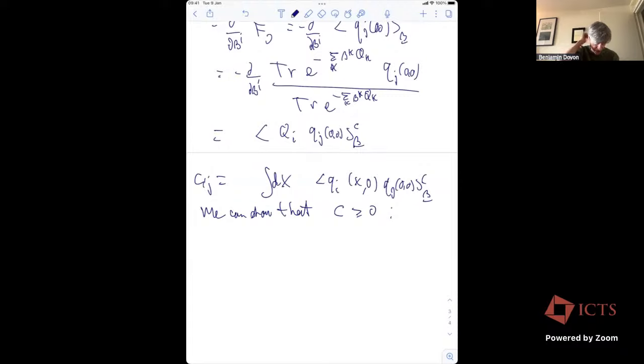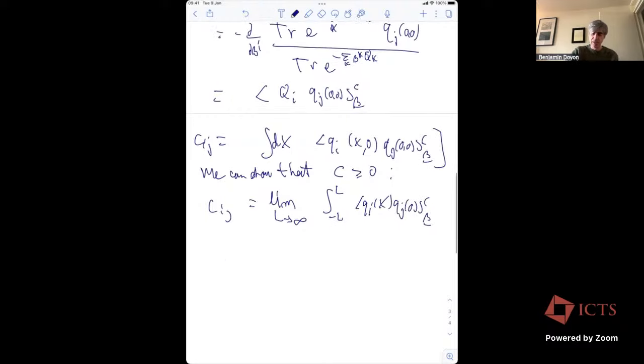The proof is like that. You take that expression, Cij, and you write it as follows. This is the limit when L is very large of integration, say from minus L to L, of Qi of x. They are at time 0, so I don't write the time. The limit exists because the correlation functions decay fast enough.